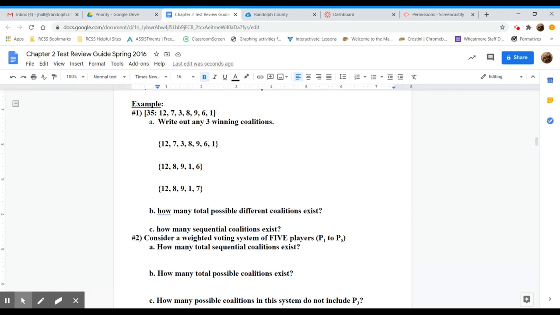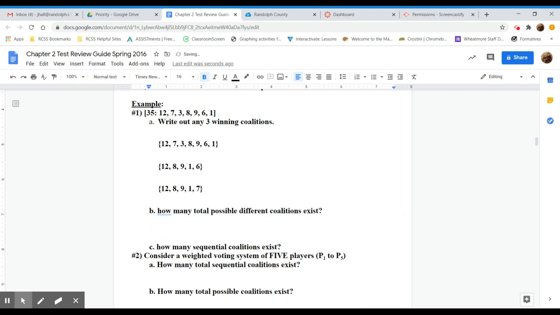Answers may vary. How many total possible coalitions exist? Well, first of all, we've got 1, 2, 3, 4, 5, 6, 7 players. So 2 to the power of 7, and then minus 1. Remember that's 2 times itself 7 times. You can grab Desmos for that.